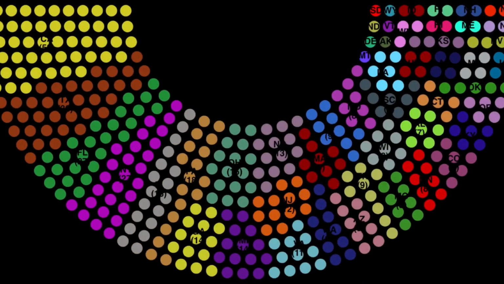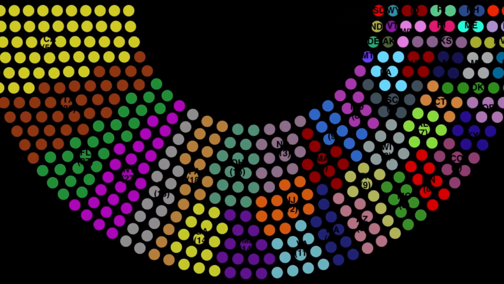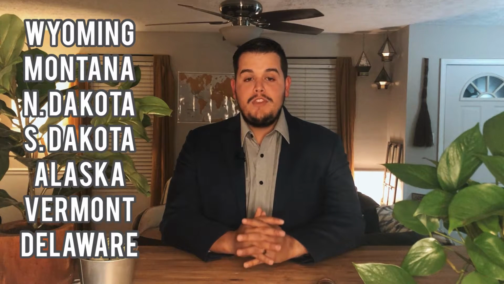And how each state gets representation is different in the House and Senate. The House is based on population. So the population of your state will determine the number of representatives that you get. Each state will at least get one representative, so there are several states that only have one representative. We have Wyoming and Alaska and Montana, just to name a few.